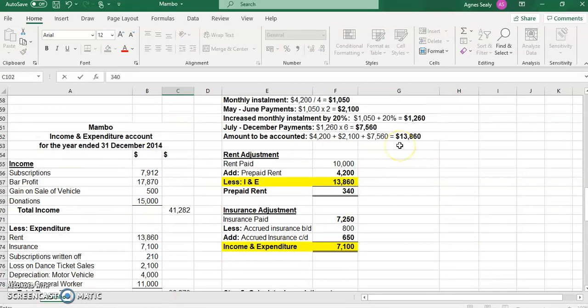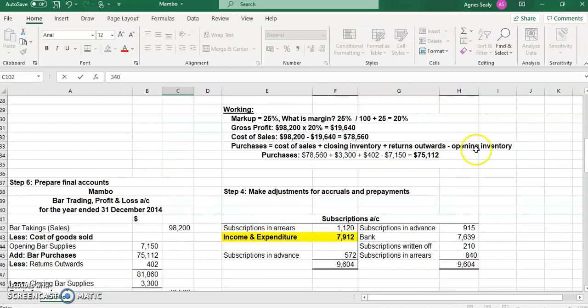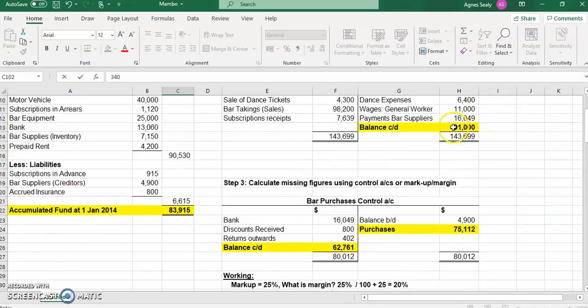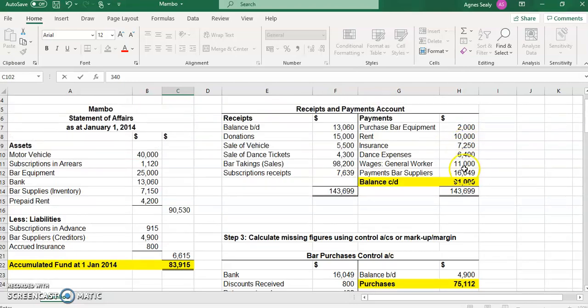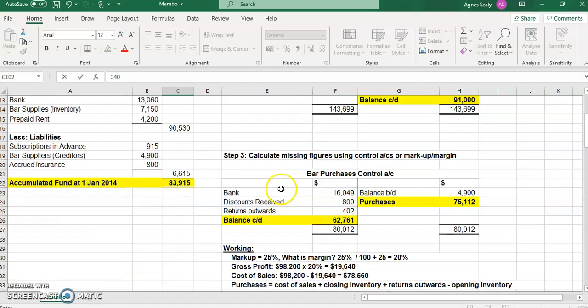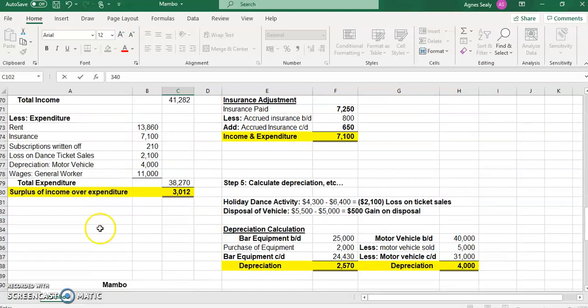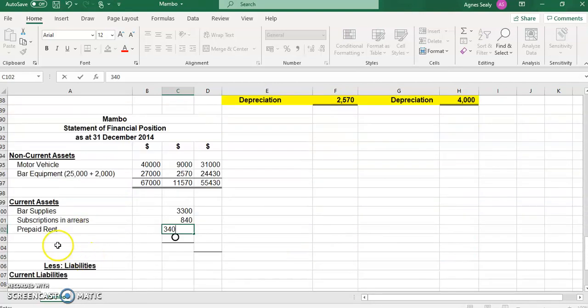And we also calculated our closing bank figure here. Closing bank, $91,000. So let's put that in as well. So bank, $91,000.